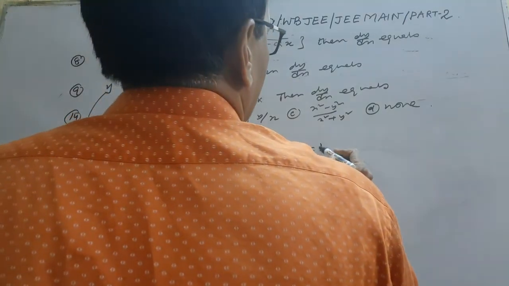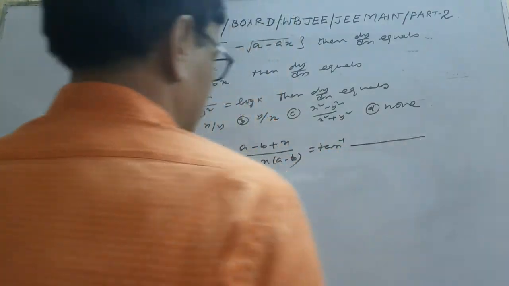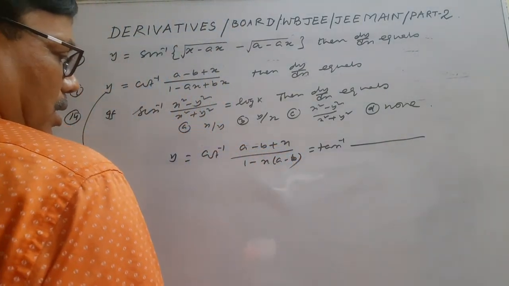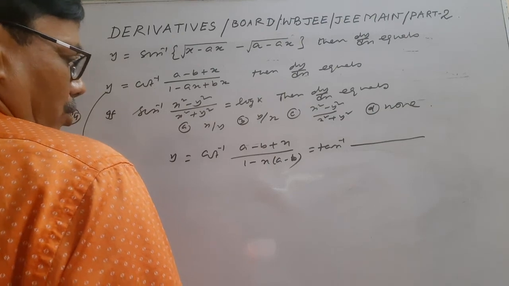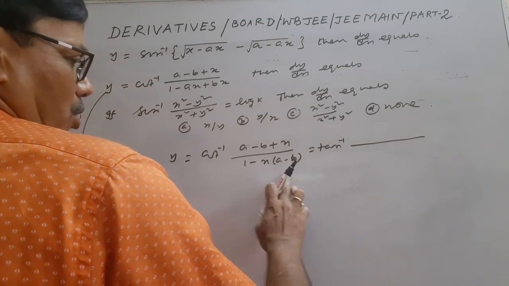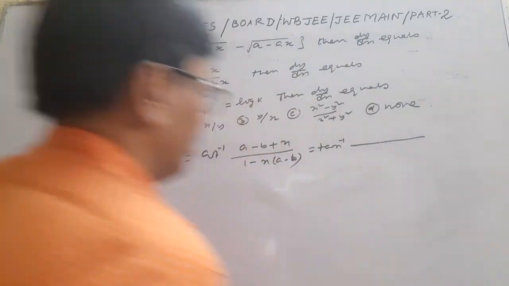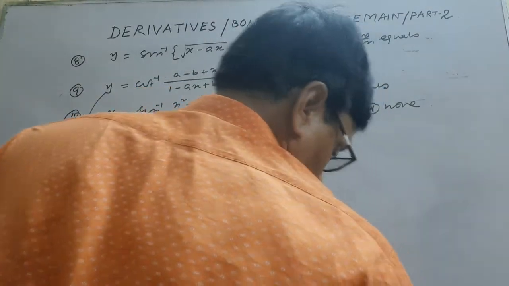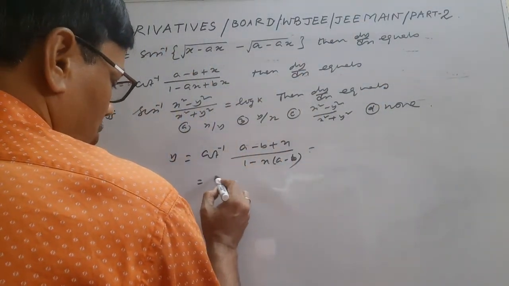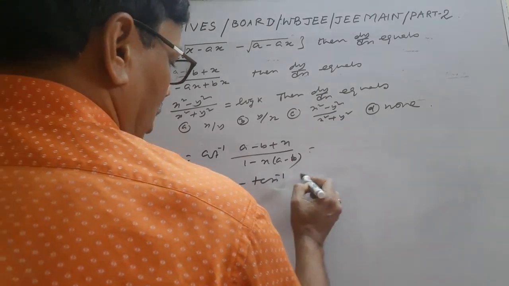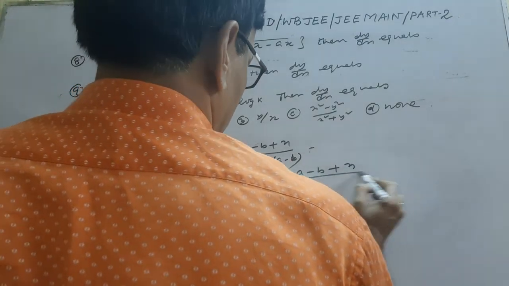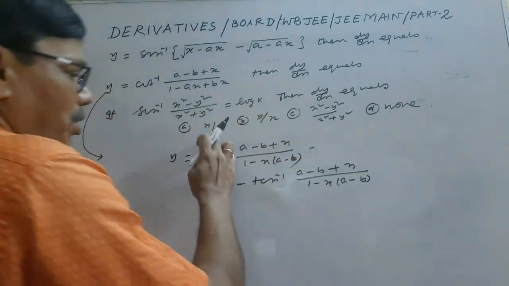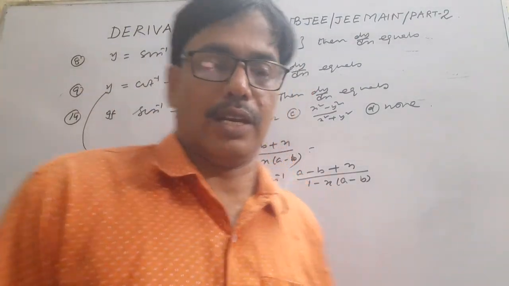Now this is tan inverse. The formula of tan is simple. So tan inverse 1 minus. So this is not the form of tan. So look, we can write it also in terms of tan. So pi by 2 minus tan inverse of a minus b plus x, 1 minus x into a, minus cot inverse x, pi by 2 minus tan inverse x.